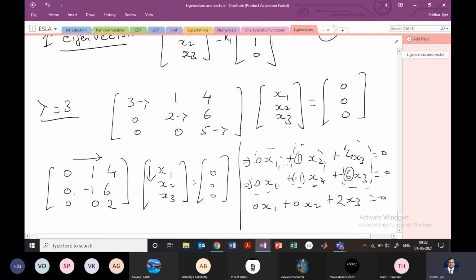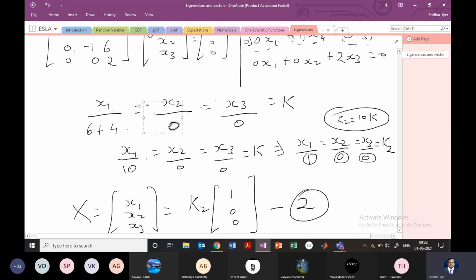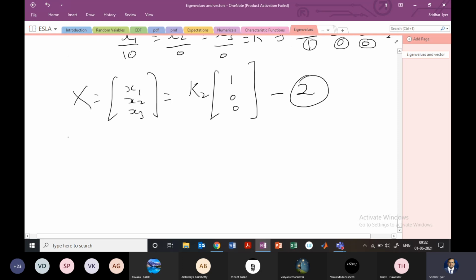From the first equation, we get the first eigenvector, so I'll denote this as capital X1, equation 1. From the second equation, we get the second eigenvector, and I'll denote this as X2. Now we have a third eigenvalue as well, which is lambda equal to 5. So let me rewrite A minus lambda I for you.